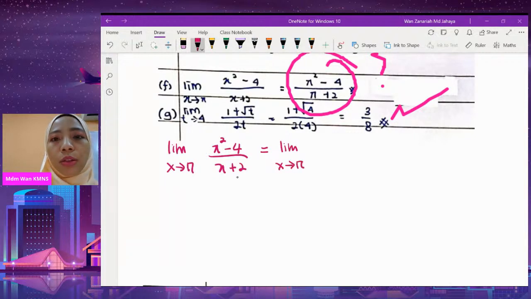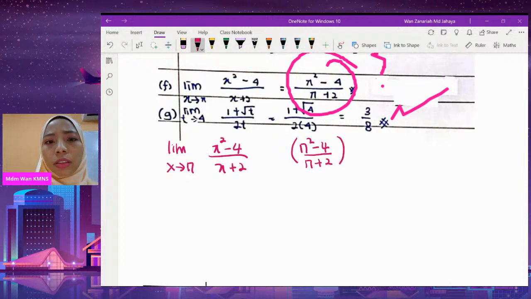When you substitute, you can't do anything with it, right? If you substitute, what will you get? You get pi square minus 4 over pi plus 2. Betul?